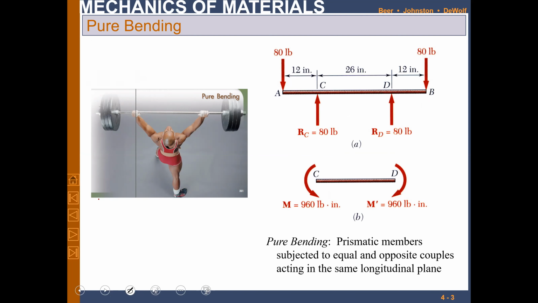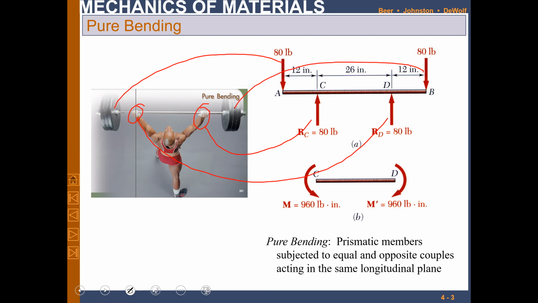These are the forces caused by the two hands, and if I take the cross section about this axis, there will be pure bending moments like this one and this one. The moment, we know, is 80 multiplied by 12, which is 960 pound-inches, right?